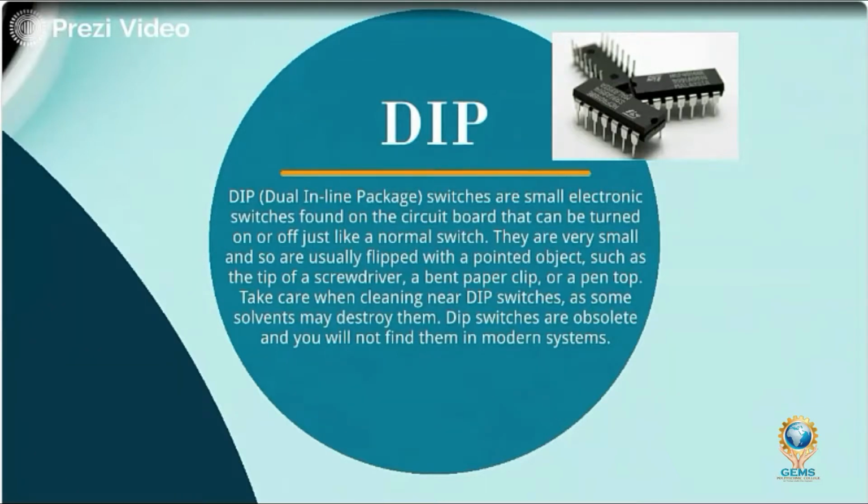They are very small and so are usually flipped with a pointed object such as the tip of a screwdriver, a bent paper clip or a pen top. Take care when cleaning near DIP switches as some solvents may destroy them. DIP switches are obsolete and you will not find them in a modern system.